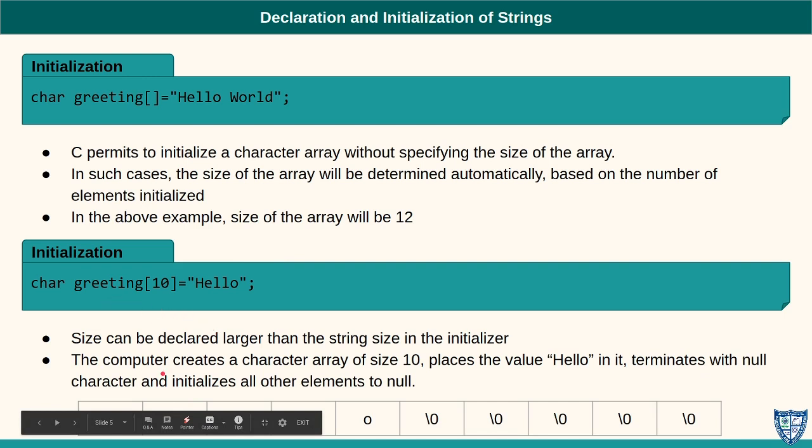When you declare a variable like this with "HELLO", there are 10 spaces booked already for greeting, so the remaining places will be filled up with the \0, or null character, by C automatically.